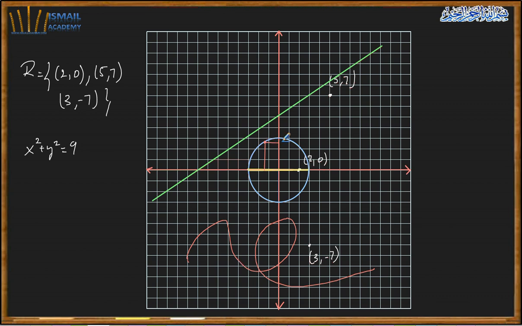The x coordinates of the ordered pairs are called the domain of that relation, and the y coordinates of the ordered pairs are the range.